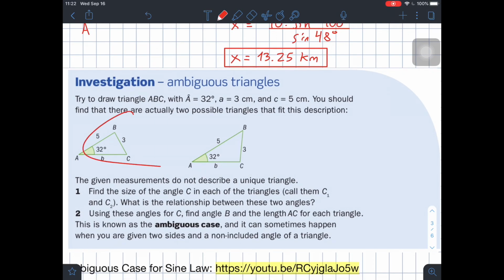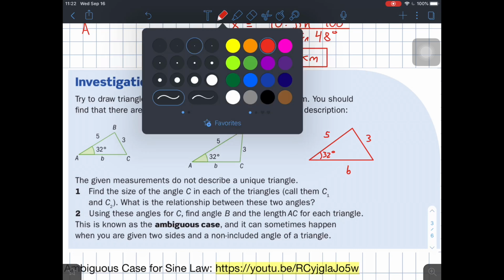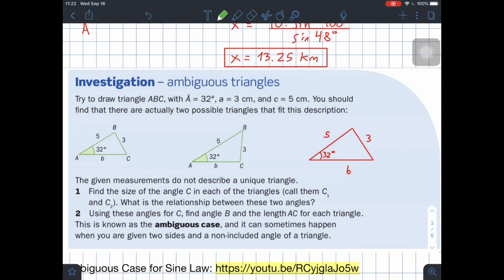If I try to overlap both, you're going to see that, for example, this would be side C, which is 5. We would have side A somewhere around here, which is 3 centimeters. And this would be side B, which we don't know. And this is 32 degrees. So you see that I can build the other triangle right here.